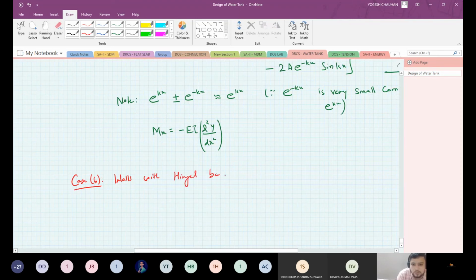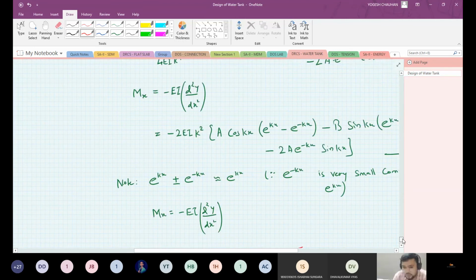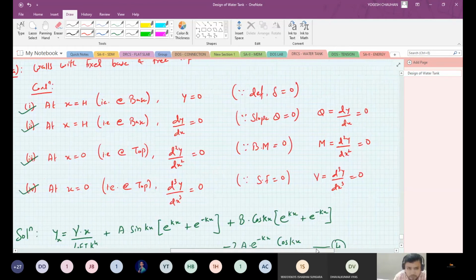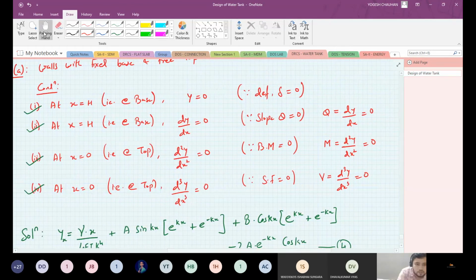Hinged base and free at top. So the conditions are the same except for one condition.